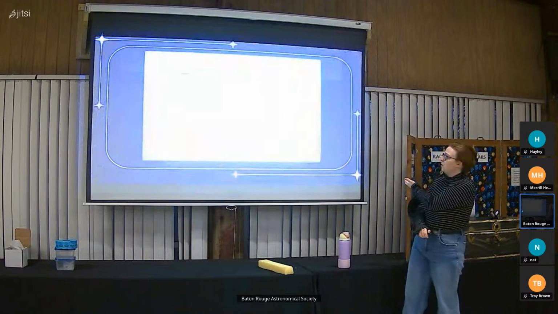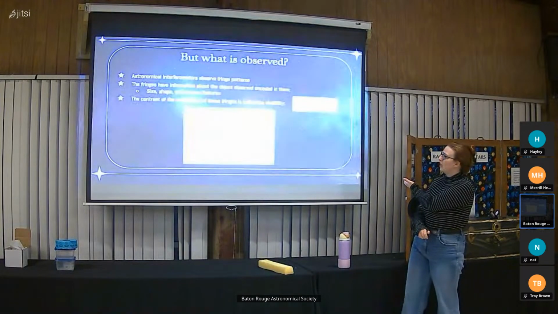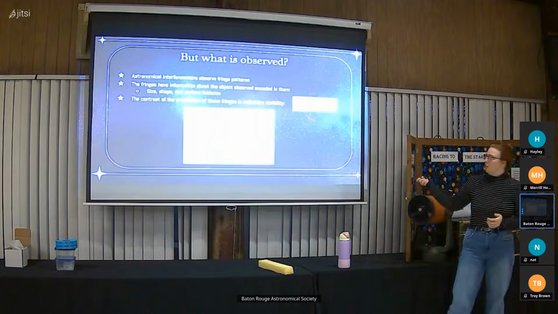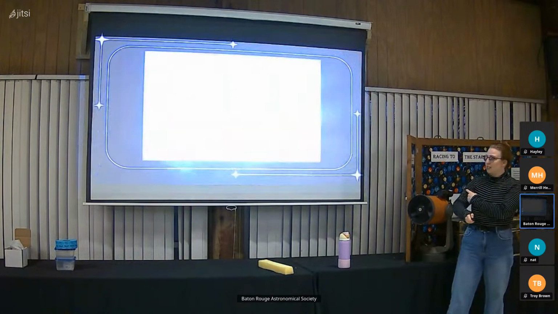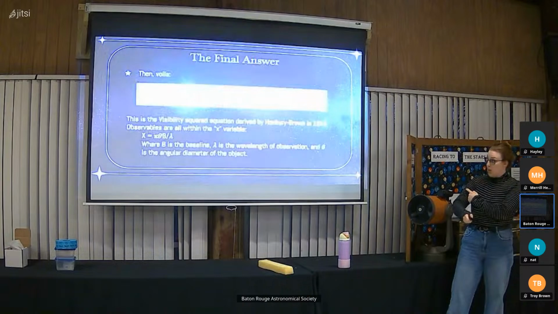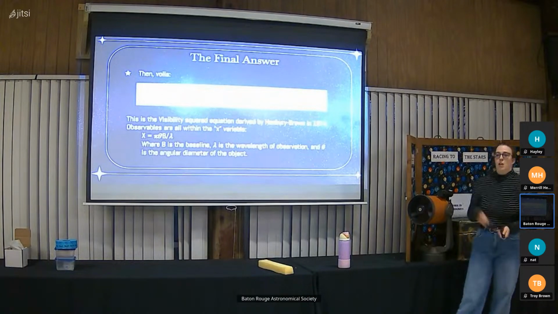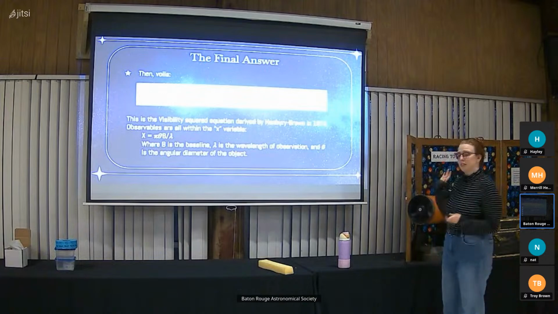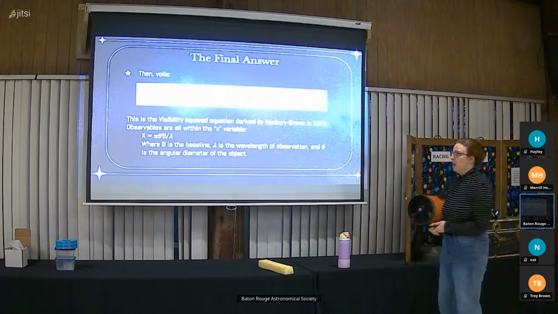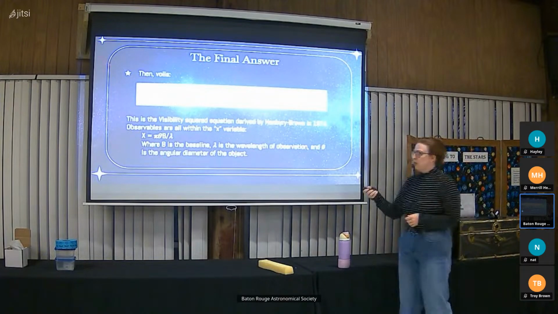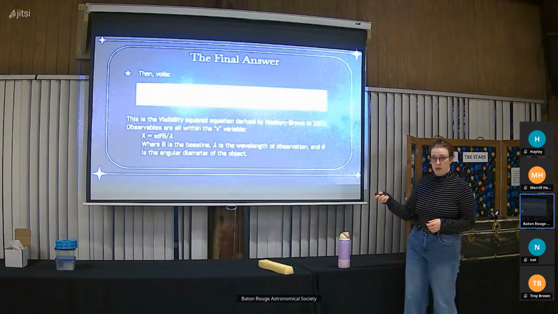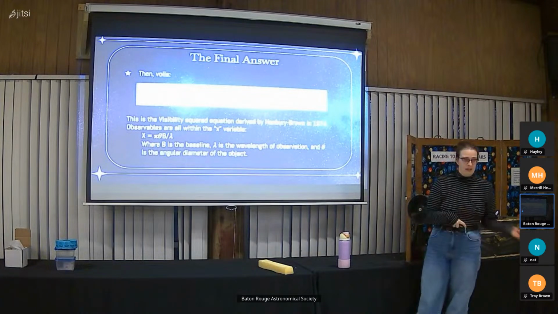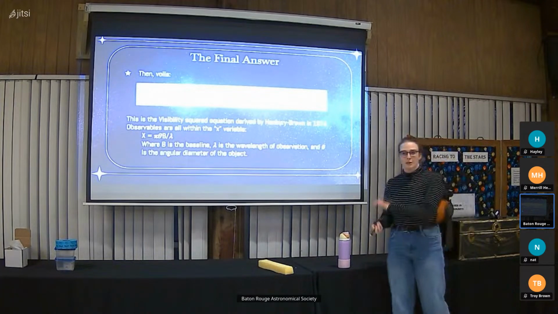So I'm going to zoom back a few slides really quick. I told you that this is the equation for visibilities. This is the true equation for visibilities. This equation is a lot to unpack, but it is a very powerful equation. So this is the visibility, and you'll notice the visibility squared equation, because way back when I didn't include this, we have complex terms.